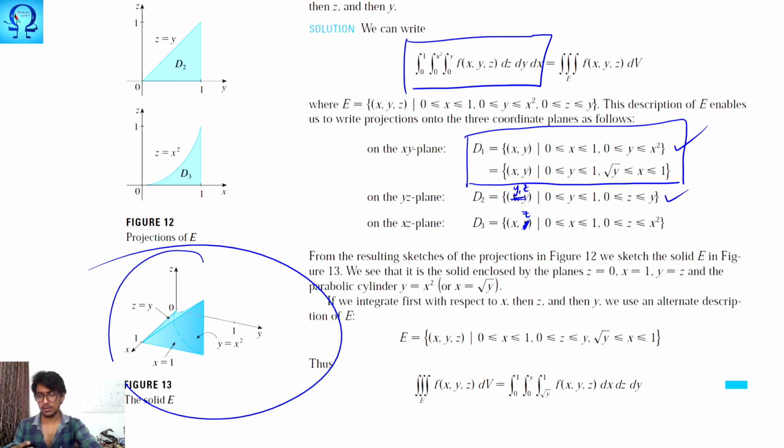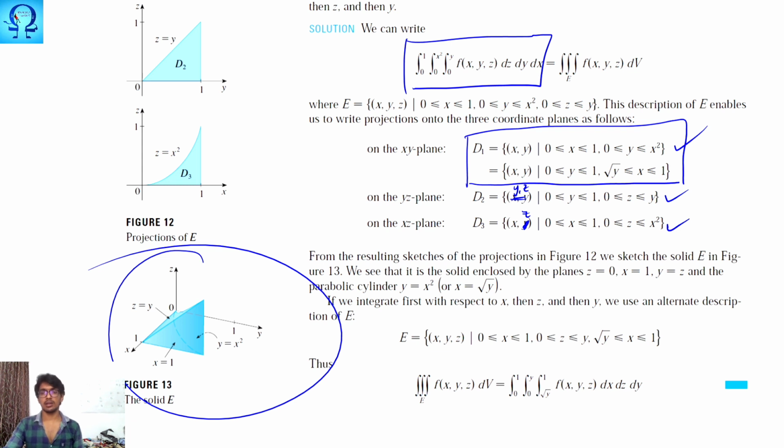That is one way. In a similar way, in the xz plane, x varies from 0 to 1 and z varies from 0 to x squared. So this region D can be written in any of these ways, and with that we can write our integral in any way possible.